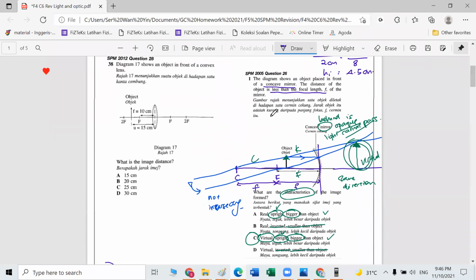All right, then next, I think you all can solve that, right? Image distance. So since we got F, we got U, then what is V?